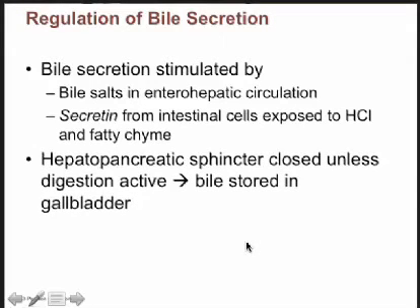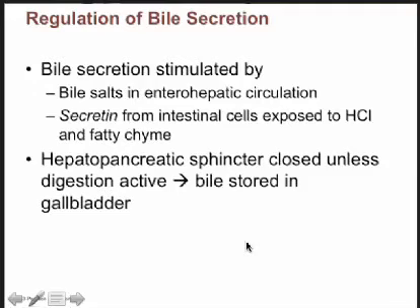Now, the hepatopancreatic sphincter is essentially the door that opens and allows whatever's in the hepatopancreatic ampulla to enter the duodenum, again under the force of contraction of the squeezing of the gallbladder and the mass action that sweeps the pancreatic juice in with the bile salts and ultimately into the duodenum of the small intestine.